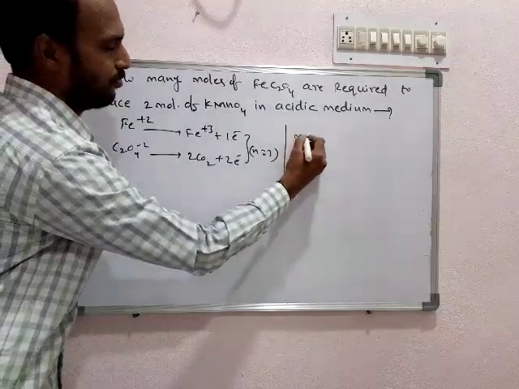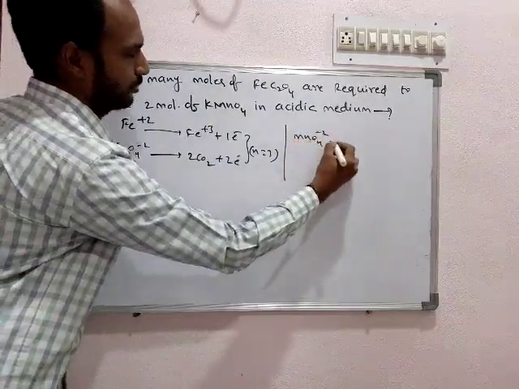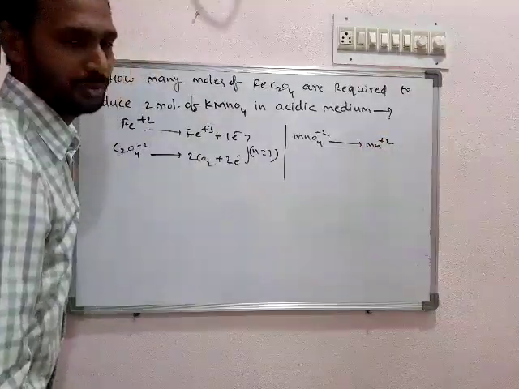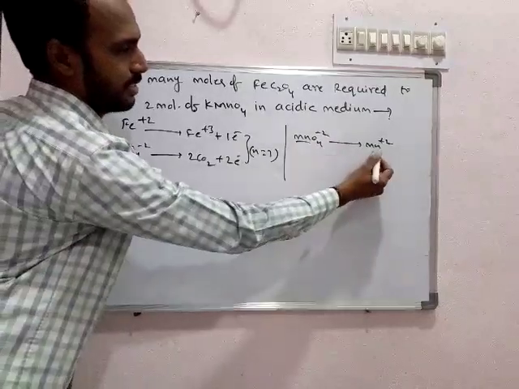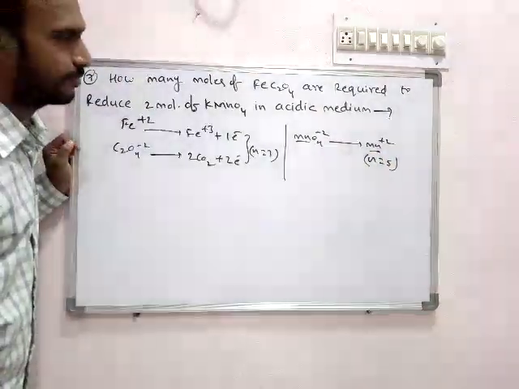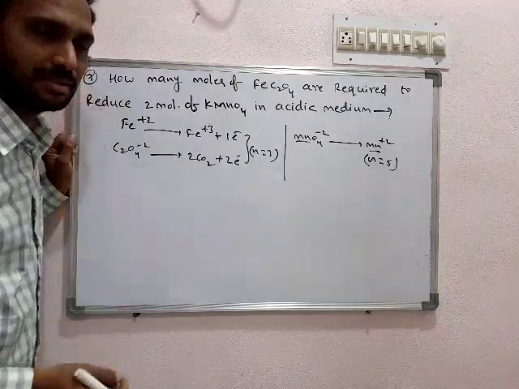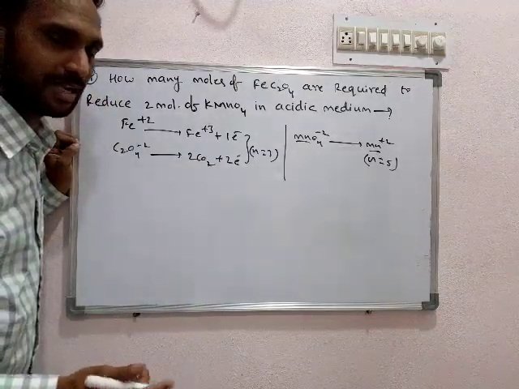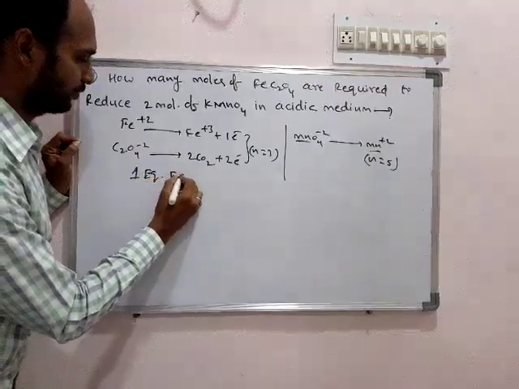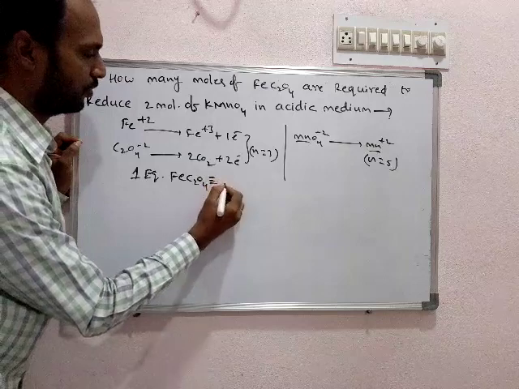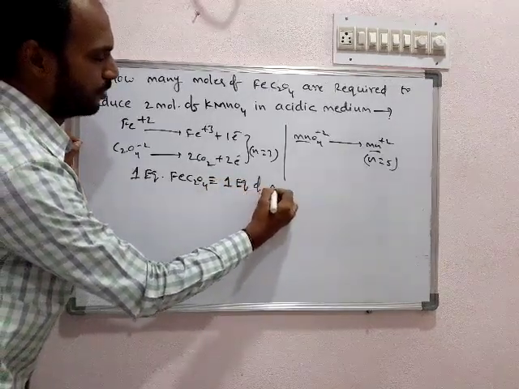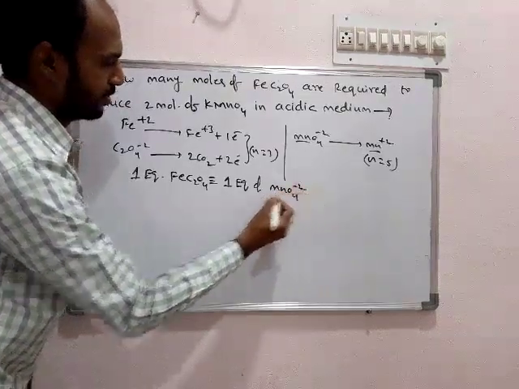And we know that MnO4 minus goes to Mn plus 2, that is from plus 7, in fact equal to 5 electrons. Both are completely reacted, so we need to equalize the equivalence. So one equivalent of FeC2O4 equals one equivalent of MnO4 minus.